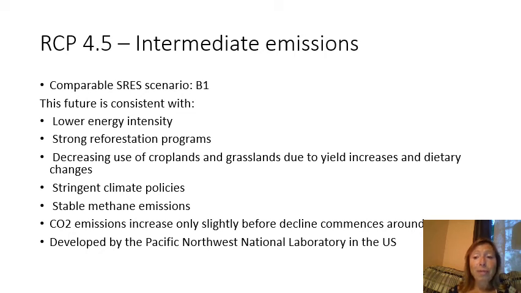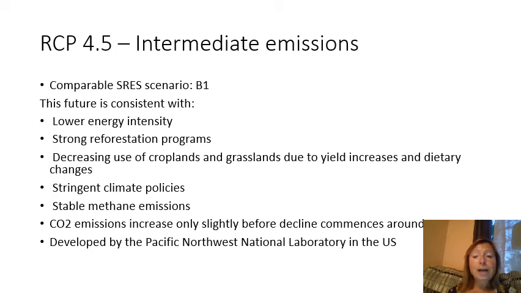So you probably remember that this is a scenario that emphasizes globalization with lots of international collaboration, and it also focuses on environmental priorities over economic priorities. So with this, we should expect much lower energy intensity. This scenario really emphasizes the importance of forest carbon sinks, so lots of strong reforestation would go all over the world, and we would really capture lots of carbon thanks to the reforestation.